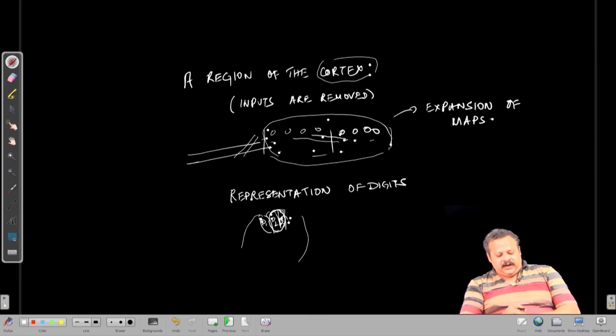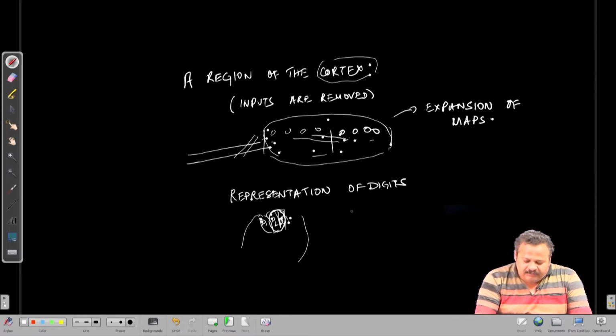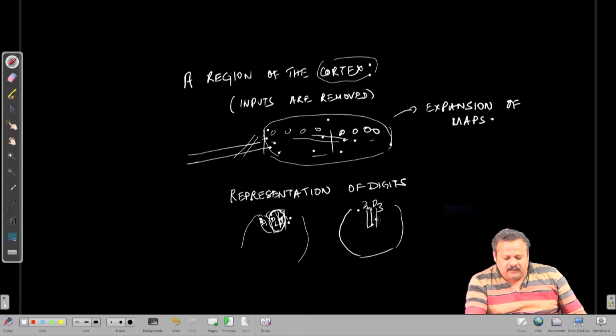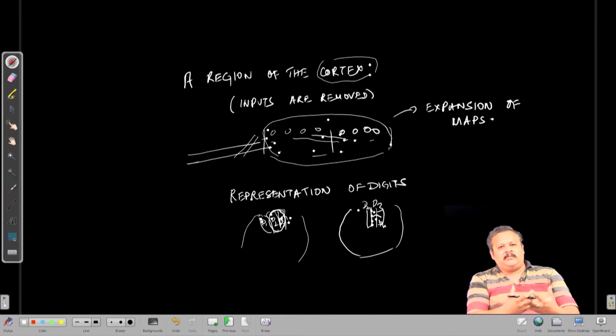Similarly, when a finger is amputated, in a case where it is a requirement, let us say, the representation of the amputated digit changes. So, if this is our D2 and this is our D3 region, and the D3 region is cut off, then neurons from D2 and the neighboring D4 start to project into the neurons of D3 and gradually take over parts of it.